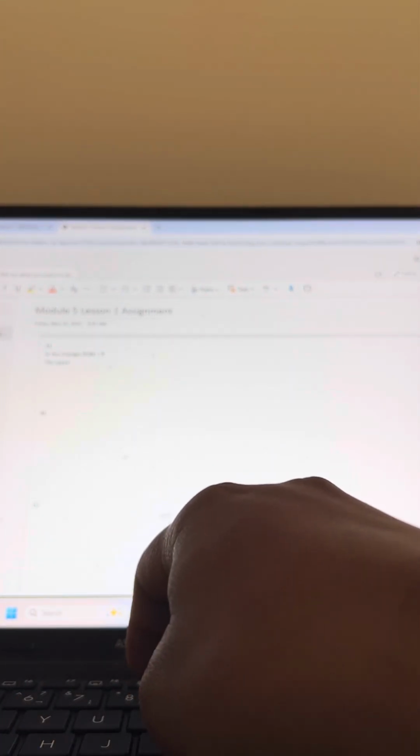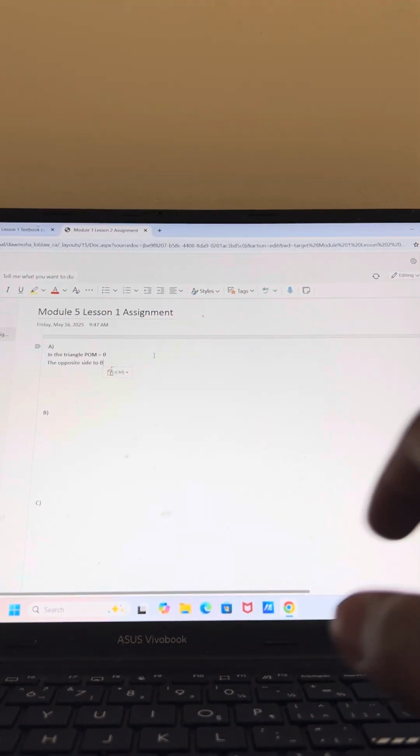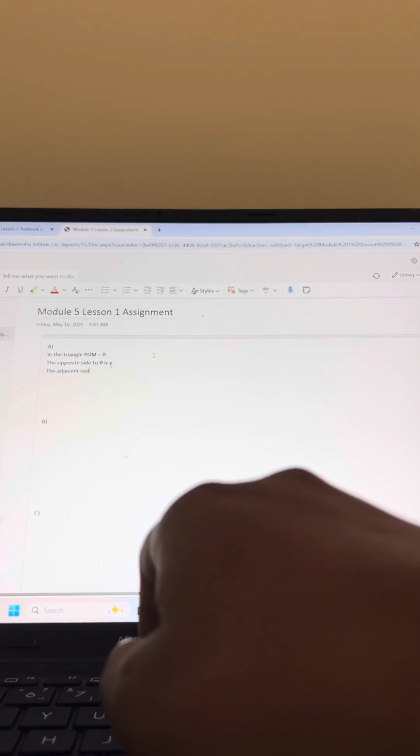The opposite side to theta is y, and the adjacent side to theta is x.